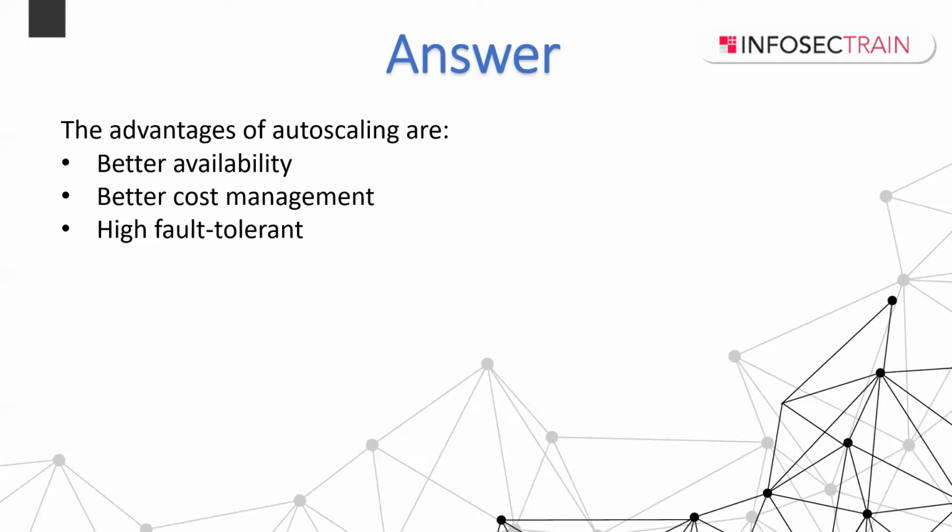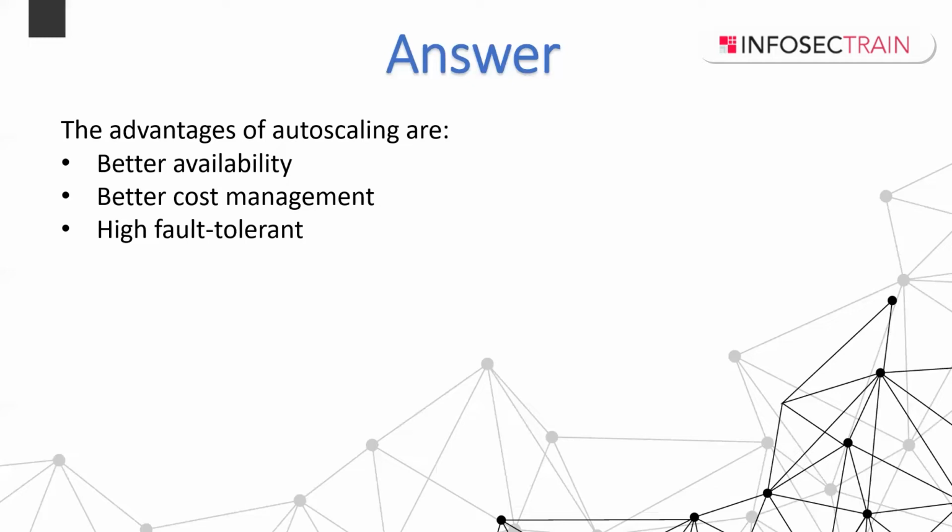So it's not a good idea to have two servers running regularly, right? So what you can do is enable auto scaling, and when there is a spike, AWS will add one more server. In this way you can have cost management, and it will scale down or remove that server when the spike is reduced. So in this way, you can have better cost management and high fault tolerance.